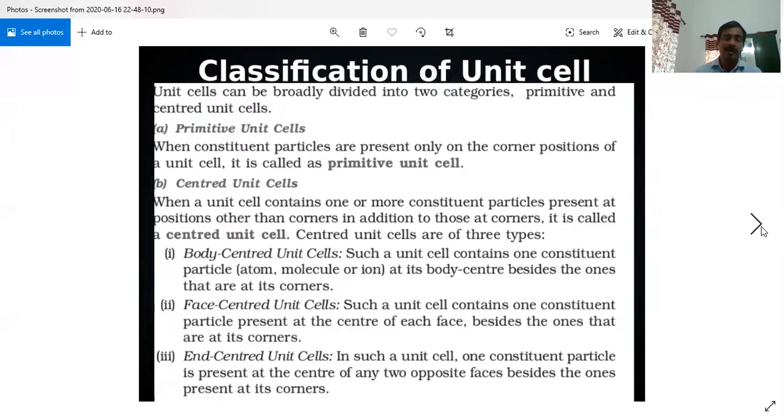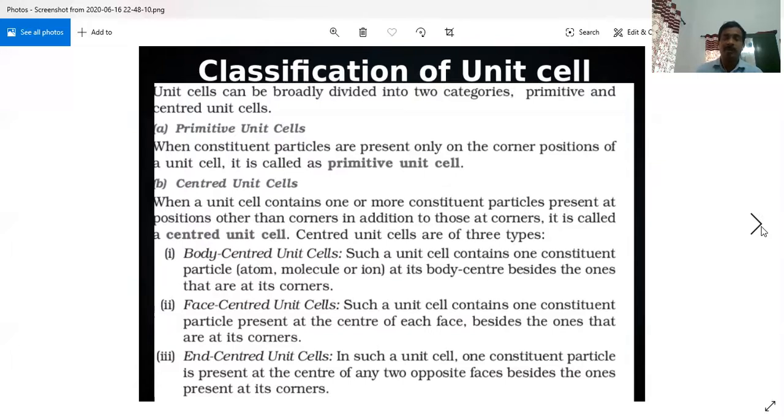But in a centered unit cell, particles are present at the corners and also at the center of the face, or the center of the body, or at the center of the end. They are centered unit cells. Which are the centered unit cells? Body-centered unit cell, face-centered unit cell, and end-centered unit cell.